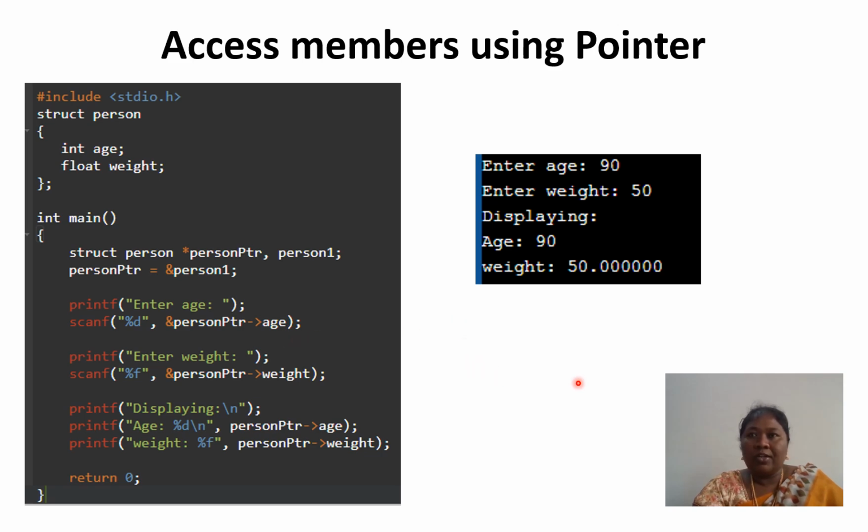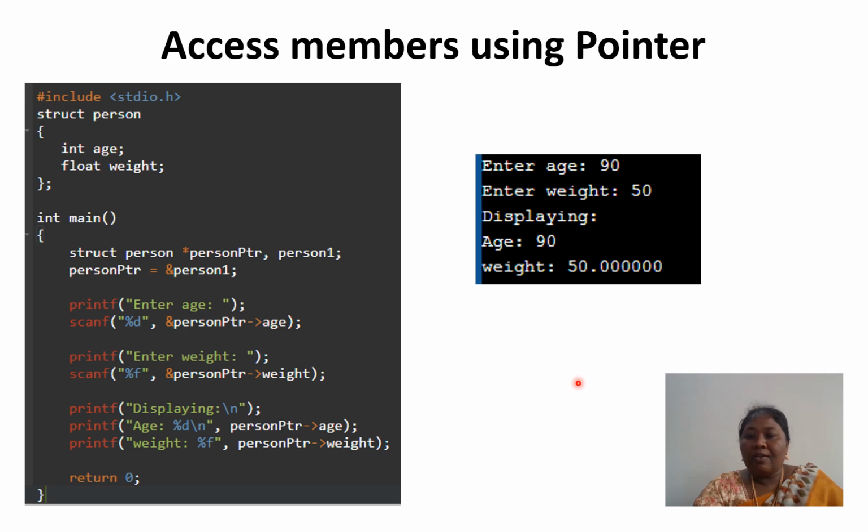So far we have learned about structure. The definition of the structure and the purpose of the structure, how to create a structure, how to declare the variables inside the structure, how the memory is allocated for each variable available inside the particular structure, and how to create an object for the structure.